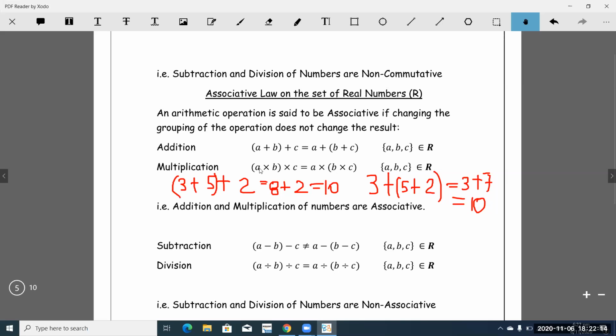So it still gets 60. And so multiplication is said to be associative. So these are the two rules that we have to remember: addition and multiplication are associative. Likewise, subtraction and division are not associative, because the order does matter for these.